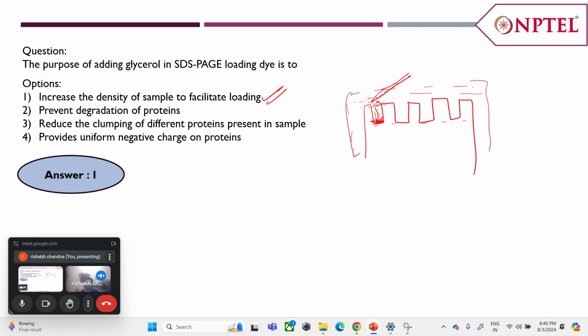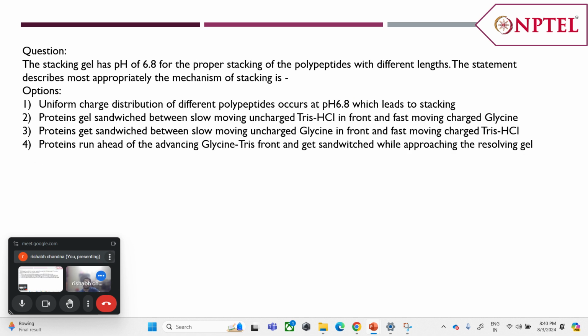So moving on to the next question. The stacking gel has a pH of 6.8 for the proper stacking of polypeptides with different lengths. Which statement describes most appropriately the mechanism of stacking? Uniform charge distribution of different polypeptides occurs at pH 6.8, which leads to stacking. Or, proteins get sandwiched between slow-moving uncharged Tris-HCl in front and fast-moving charged glycine residues.